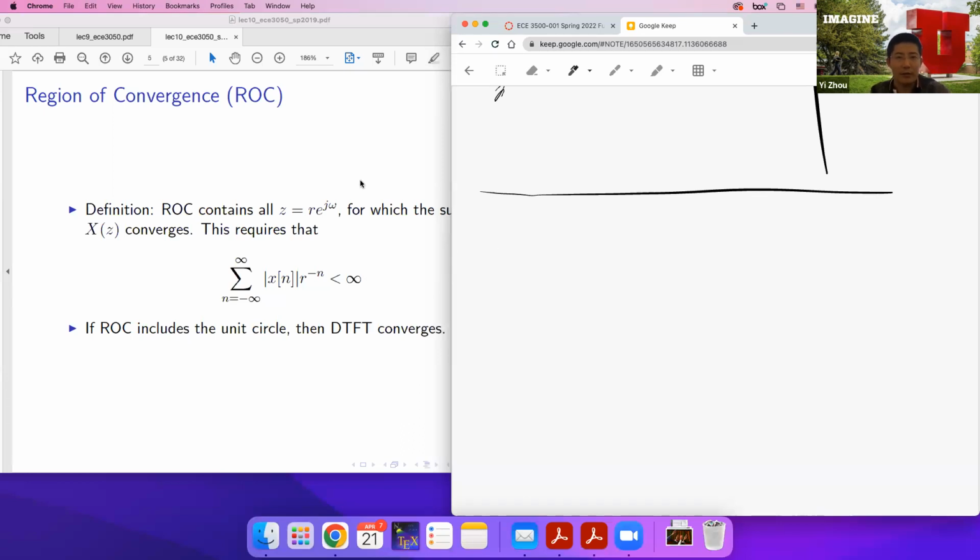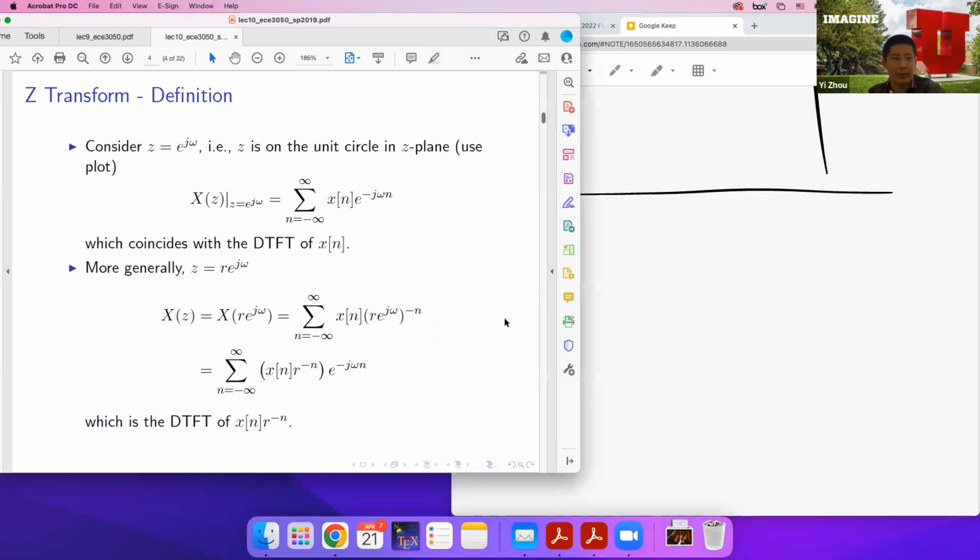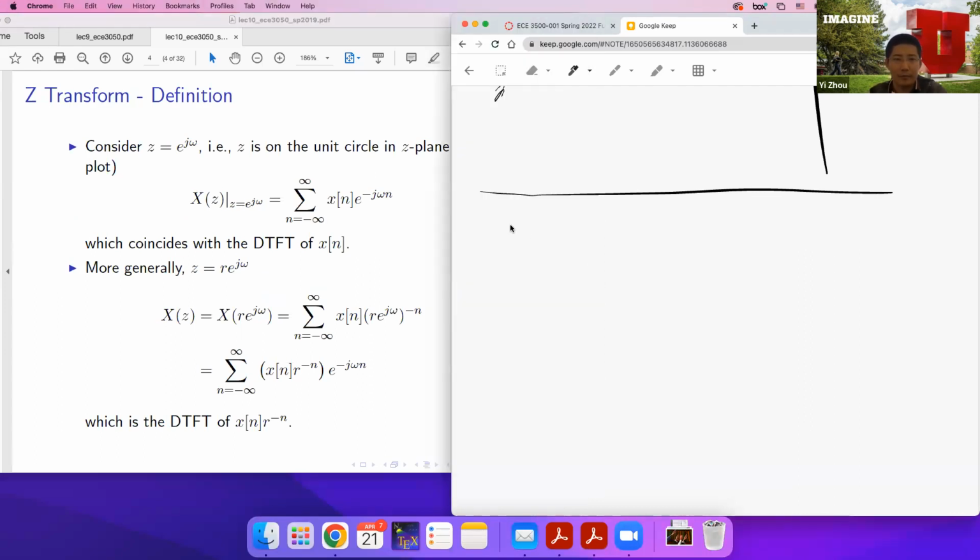So the idea is this. Now looking at this definition, the summation of x[n] r to the power -n e^{-jωn}.